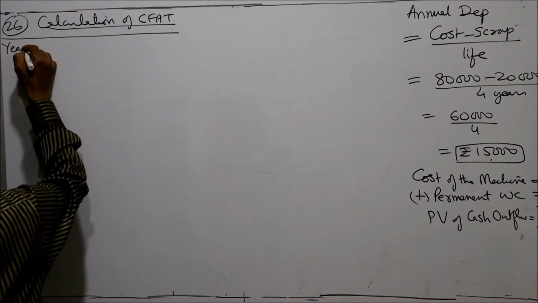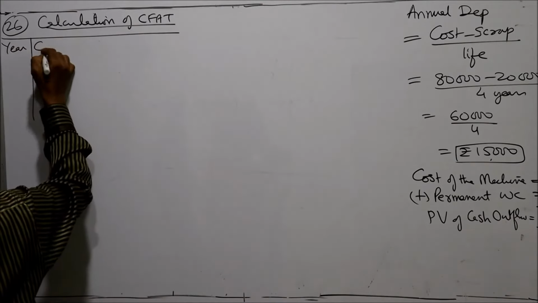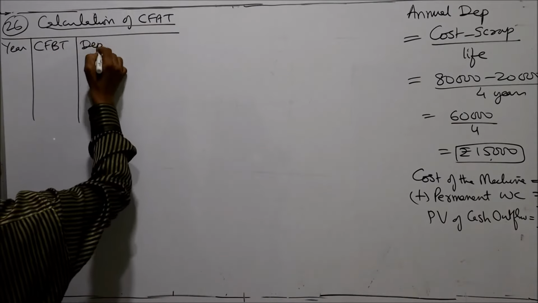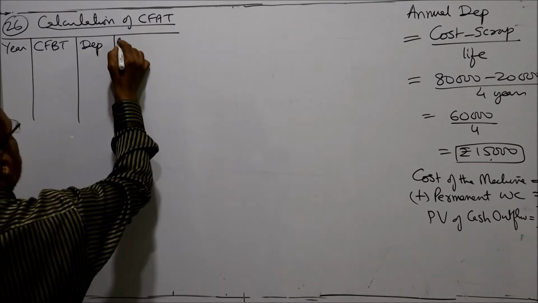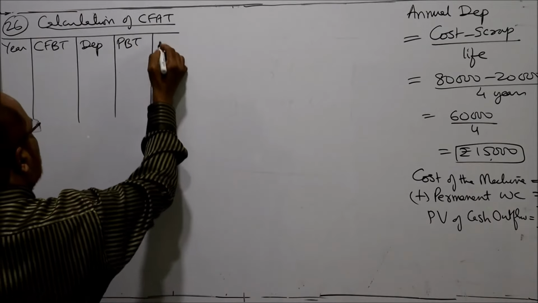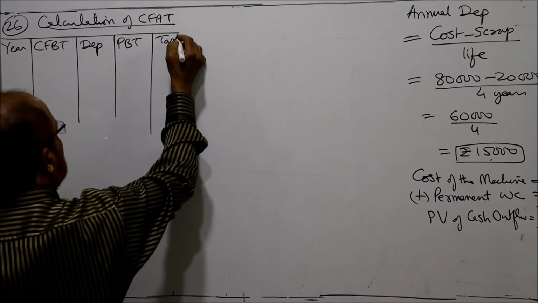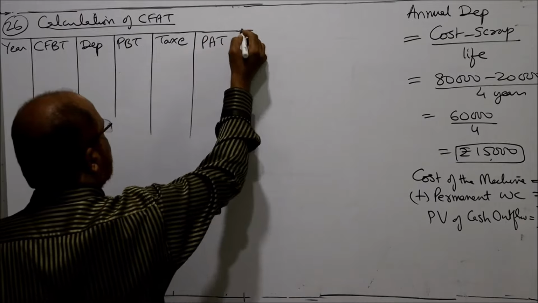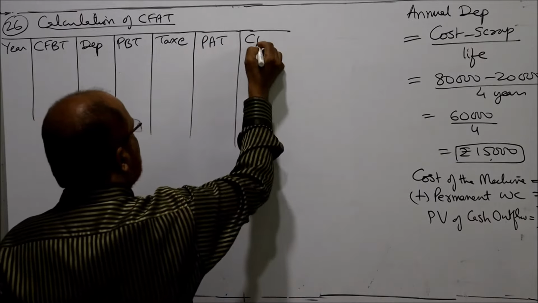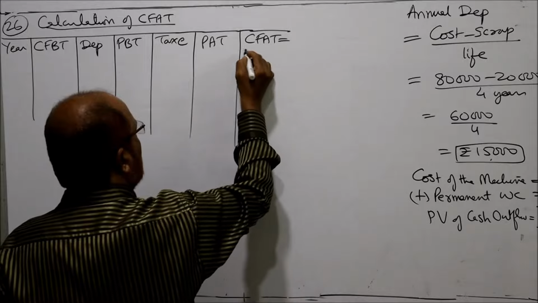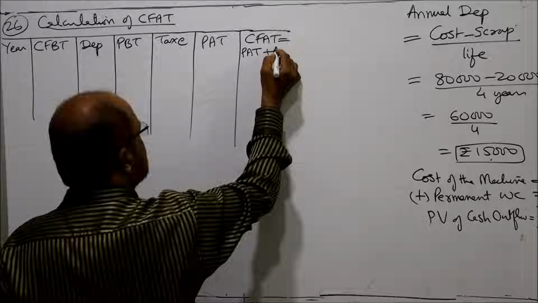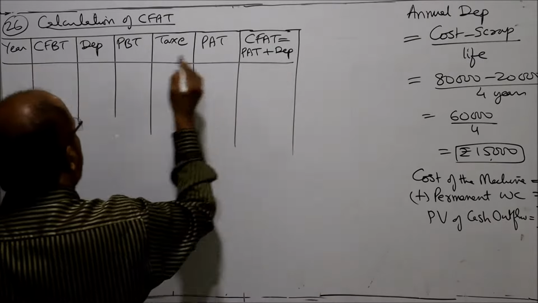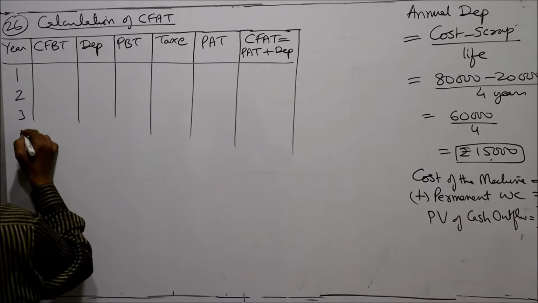So here, CFBT, cash flow before tax, depreciation, then PBT, tax at the rate of 50%, PAT. CFAT is equal to PAT plus depreciation. Years 1, 2, 3, 4.